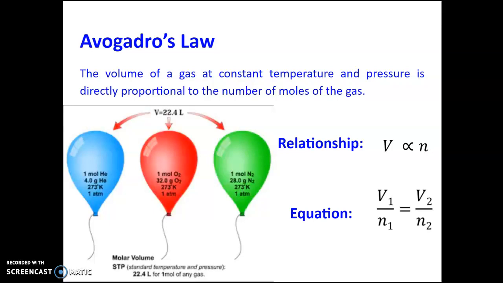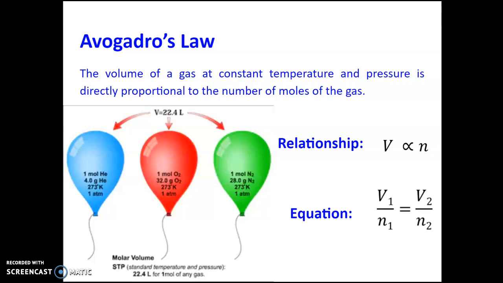The last law that is important in our understanding of the behavior of gases is called Avogadro's law. The volume of a gas at constant temperature and pressure is directly proportional to the number of moles.